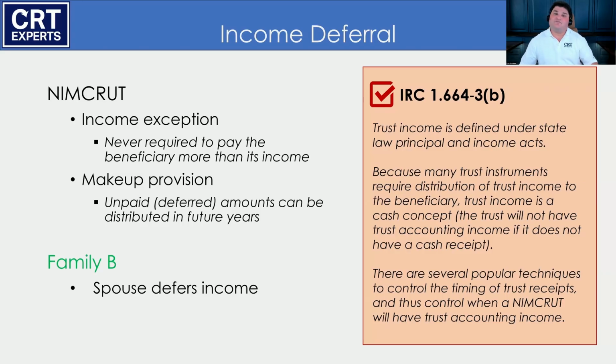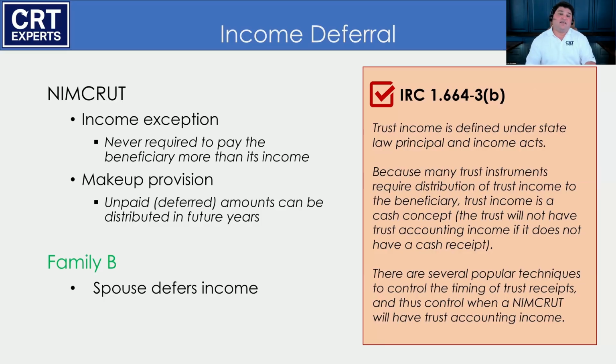And there's a makeup provision or catch-up provision that enables us to pay any unpaid or deferred amounts in future years. So taken together, the income exception and that makeup provision can be used to control or regulate the timing of distributions from the NIM CRT to the income beneficiary.